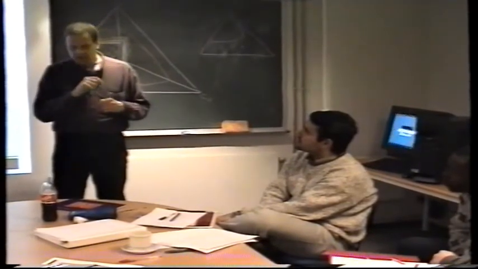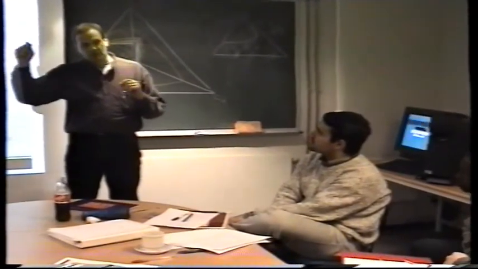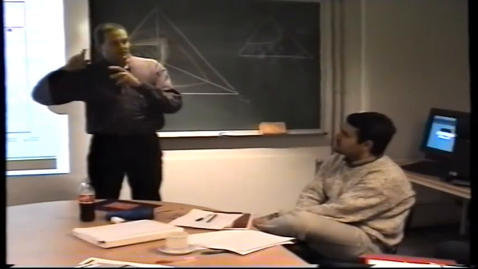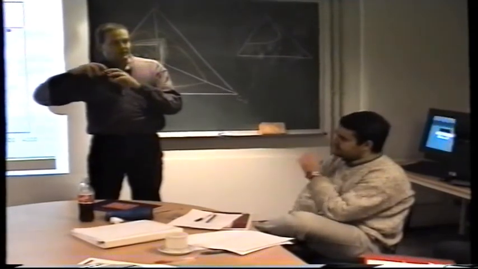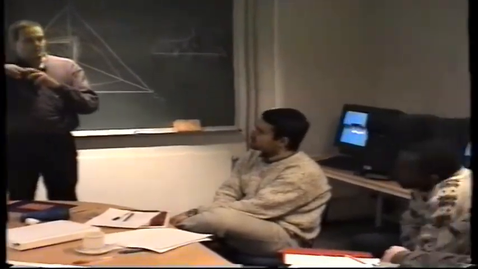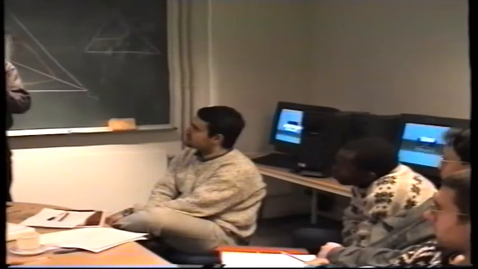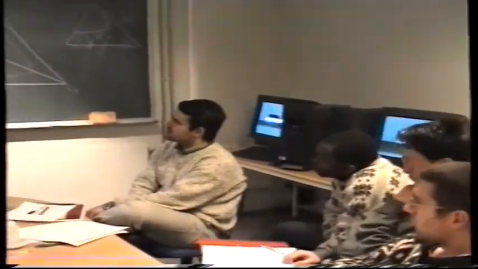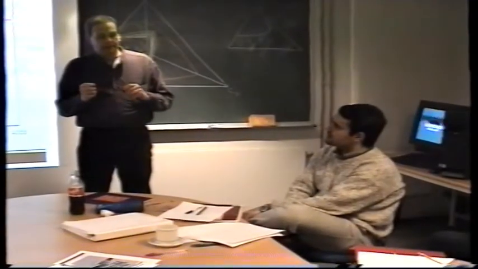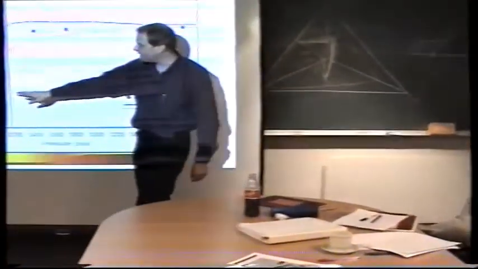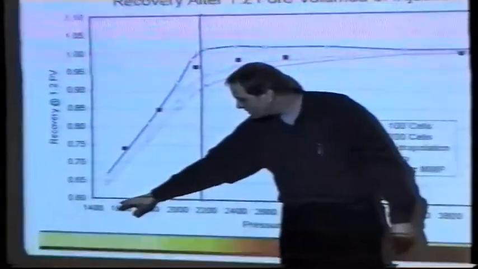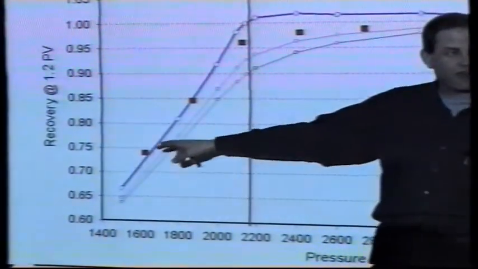And if they run those experiments correctly, then what they measure at the outlet is the volume of oil recovery versus time, and the ultimate recovery after you've injected 1.2 pore volumes gives you the one data point. So this would be the recovery of the oil at this pressure after 1.2 pore volumes.